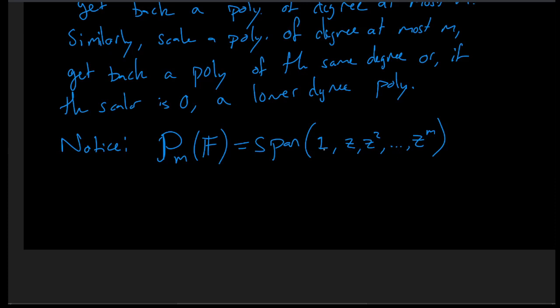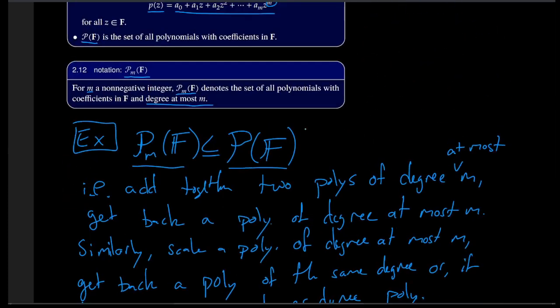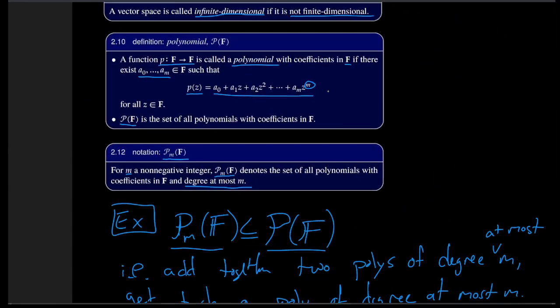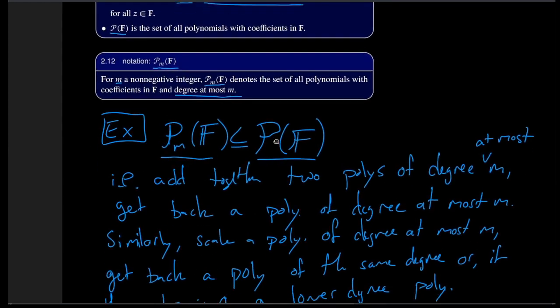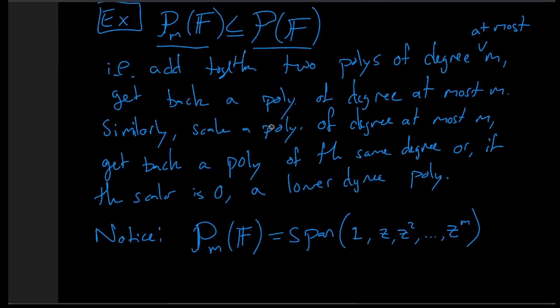What I'm trying to say is that it's the list of the monomials that are powers of z, up to z to the m. This is pretty straightforward, I think, because if you look at what a polynomial of degree m looks like, it looks like a linear combination of monomials, powers of z. So that is just what a polynomial of degree m is.